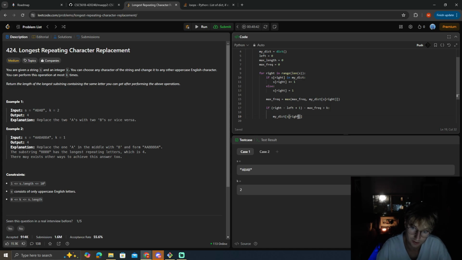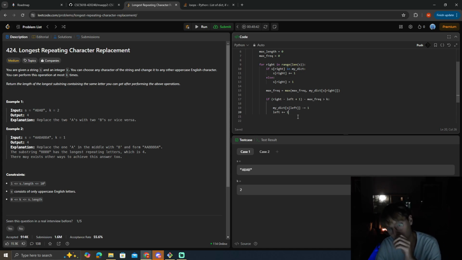So we reduce the count of the character at the left pointer. That's my_dict of s[left] minus equal to 1. Oh, sorry, using our left pointer. Then left plus equal to 1, so we shift the left pointer to the right.